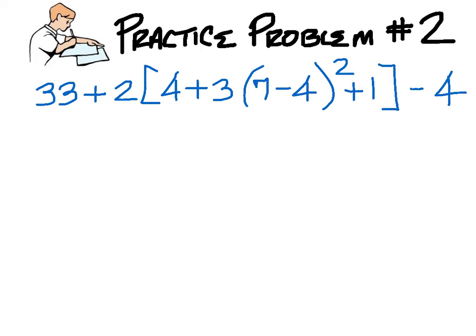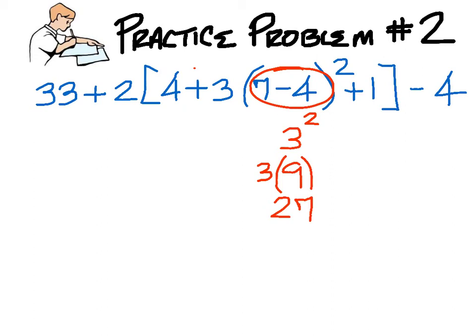Solution for the practice problem. I'll have to go through this quickly in the interest of time. We're running short. So it'll be 7 minus 4, which is 3. If you square that, you get 9. If you multiply it by 3, you get 27.